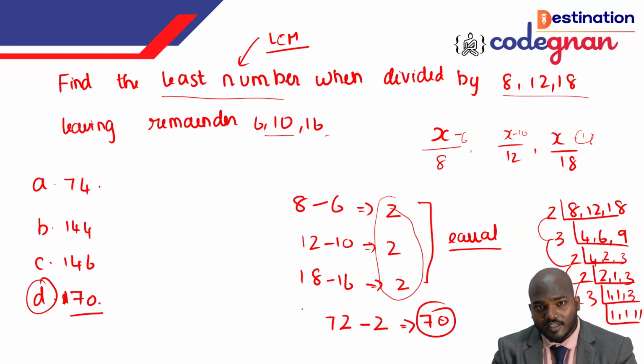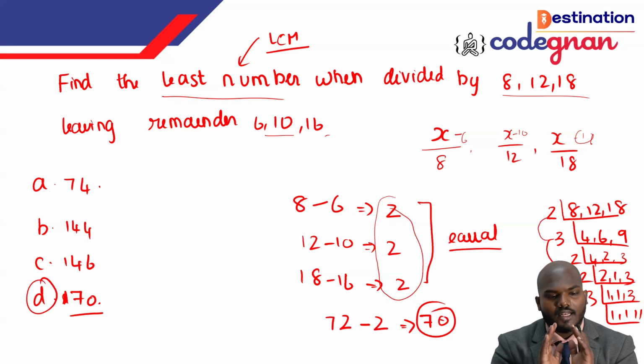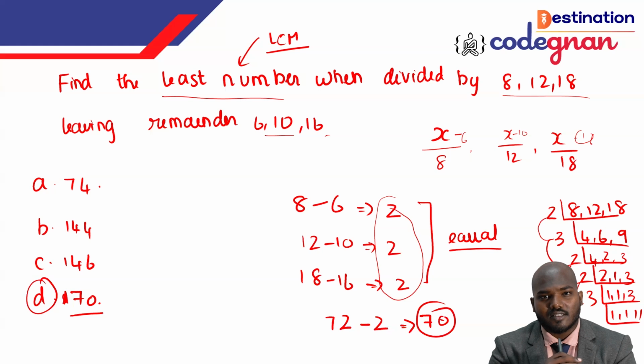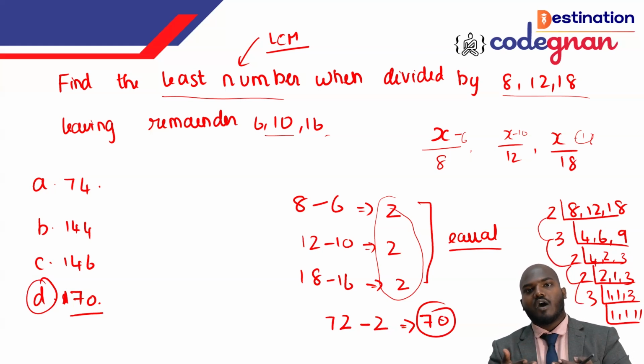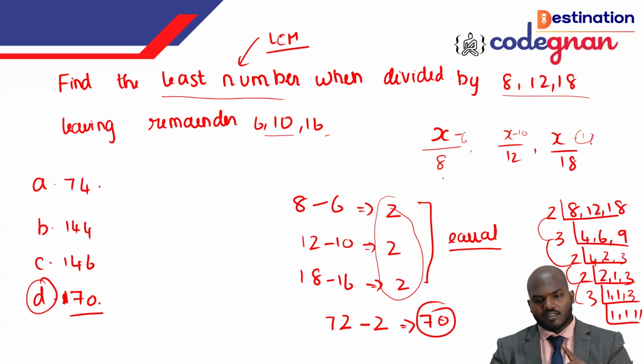I'll say it again, guys, because many people are a little bit confused. Find the least number. Least number indicates the LCM only. When divided by 8, 12 and 18, it leaves the remainders 6, 10 and 16. So we have some least common value. If you divide that number, you will have the remainders 6, 10 and 16.